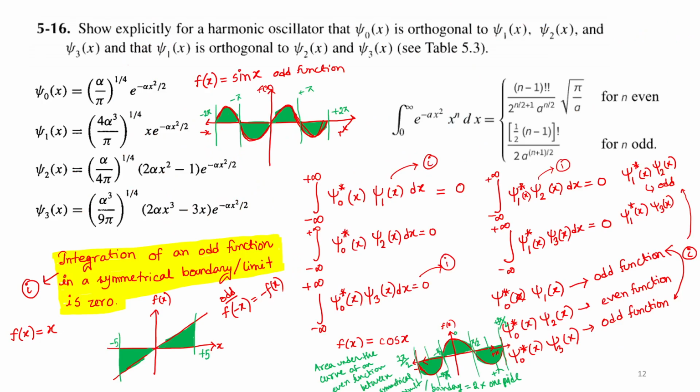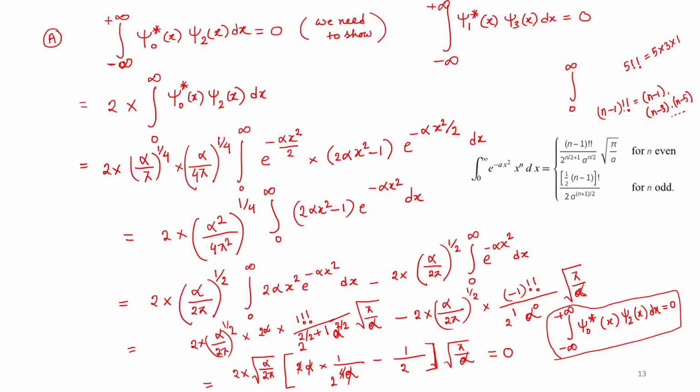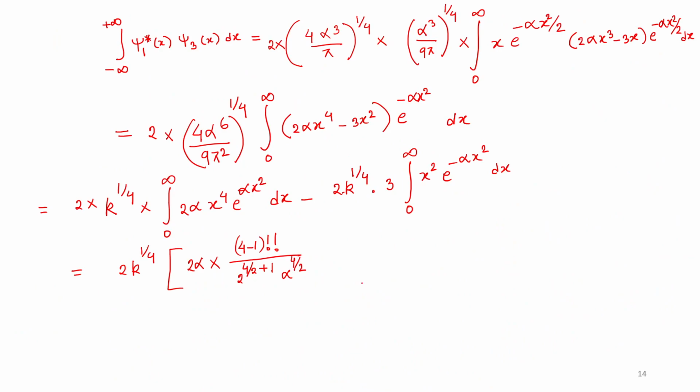I am just using this when n is even, into root over pi by alpha, minus 3 into 2 minus 1 double factorial, which is nothing but 1 double factorial, over 2 to the power 2 by 2 plus 1 alpha to the power 2 by 2, root over pi by alpha.